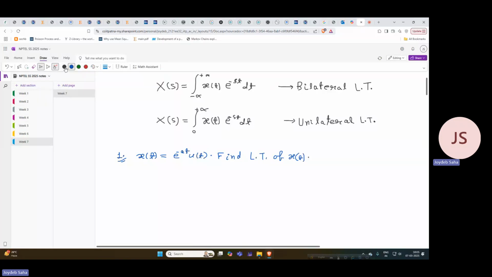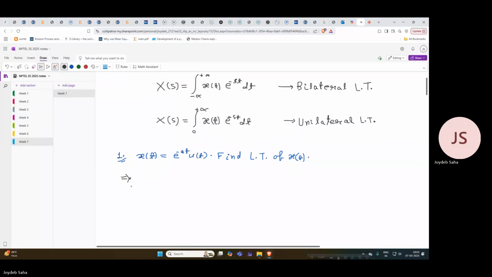So understanding of the question is very important. First let us see what is x(t). x(t) is e to the power minus at u(t). And what does u(t) define? If there is u(t), that means the limit will be 0 to infinite. Why?